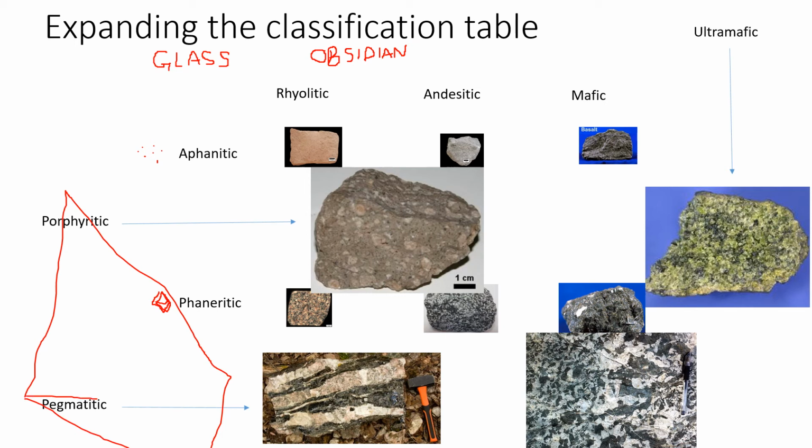Huge pegmatite crystals. And then my glassy minerals up here are just a solid, uncrystallized mass. Nothing separate about them. True glass. Okay, so hopefully our classification is plenty complicated at this point, and we can definitely talk through that more in lab as we try to talk about how to classify these guys.